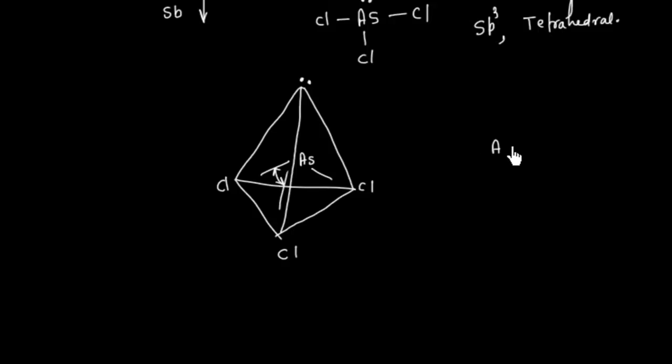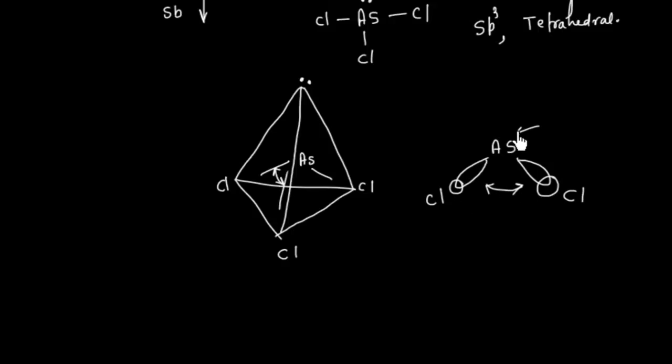So if I see arsenic, what is happening? We have bond pairs. This is a bond pair with chlorine, this is again another bond pair, attached with chlorine. We have to find how this bond angle will vary.